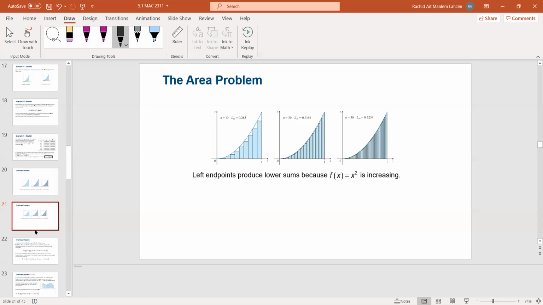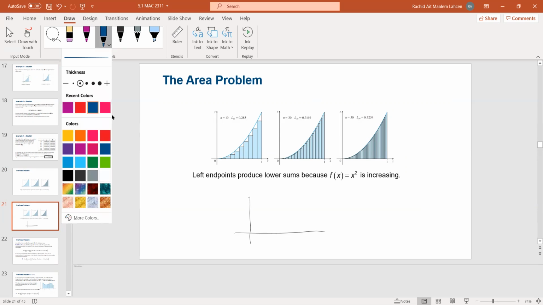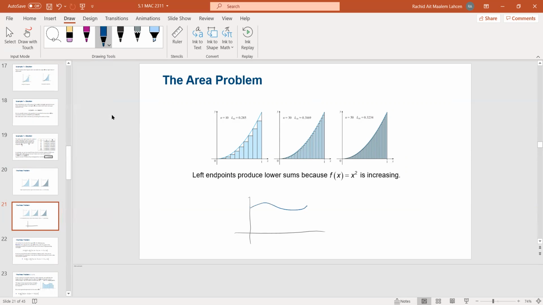So I think now you have a good idea that if we have a curve, right? And if you're interested to calculate the area under this curve, you're going to try to get some equal lengths, right?